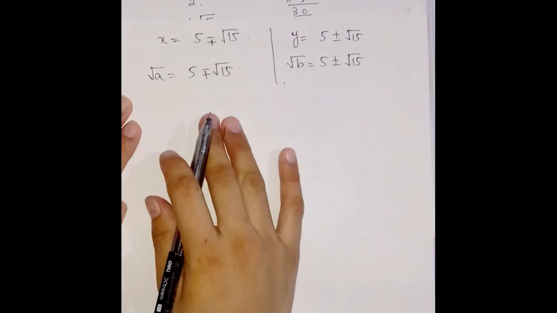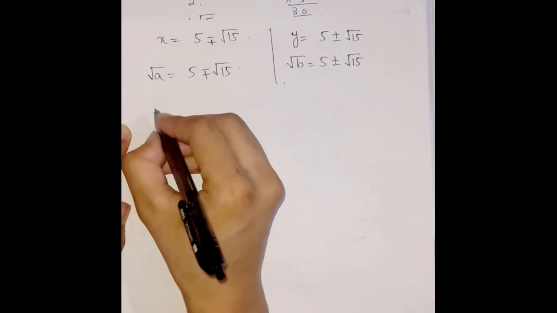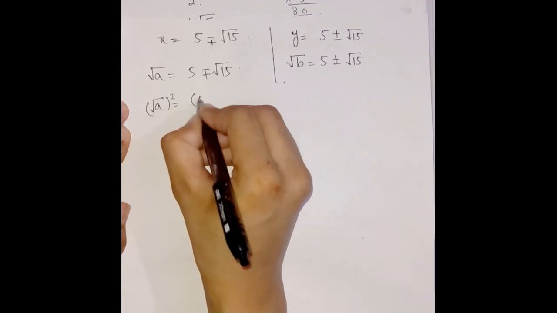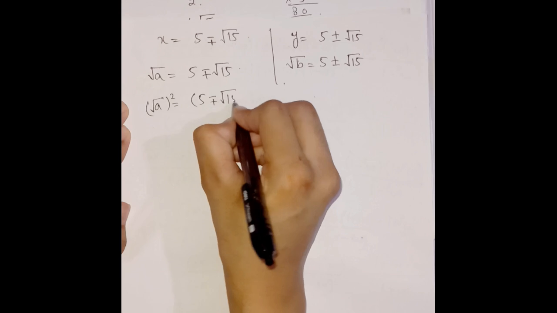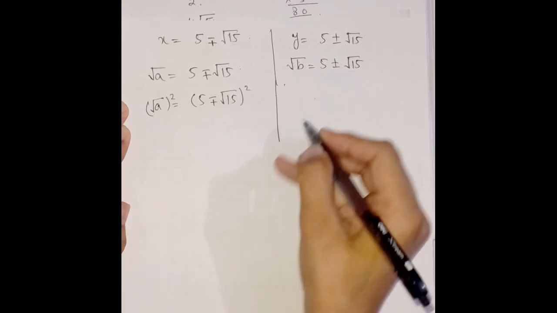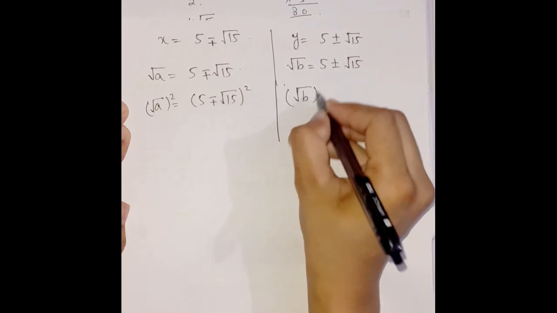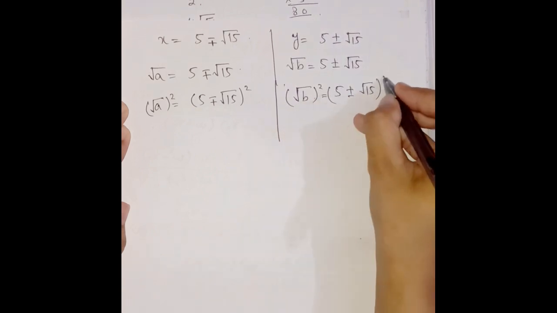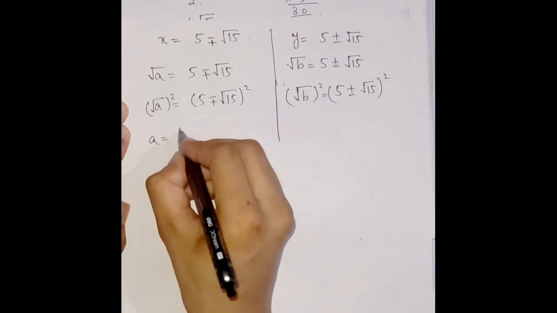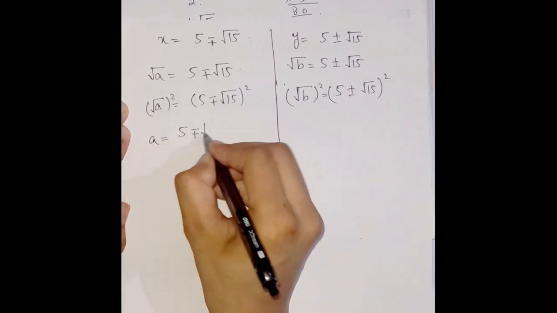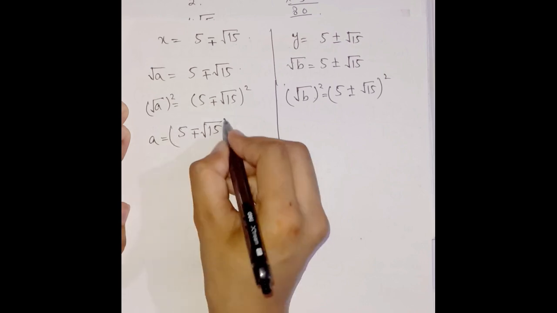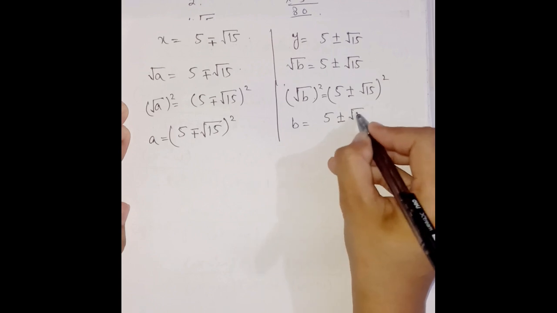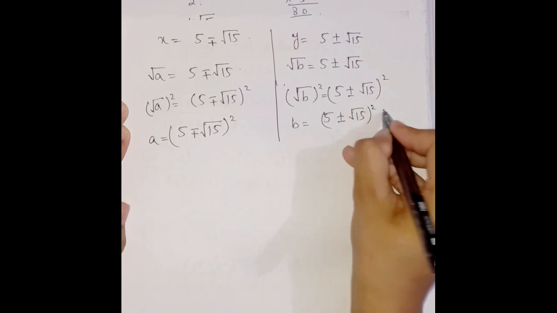As we need to find the values of a and b only, not the square roots, I'm going to square both sides. Square root of a square, 5 minus plus square root of 15 square. Similarly, square root of b square, 5 plus minus square root of 15 square. So here a is equal to 5 minus plus square root of 15 whole square, and b is equal to 5 plus minus square root of 15 whole square.